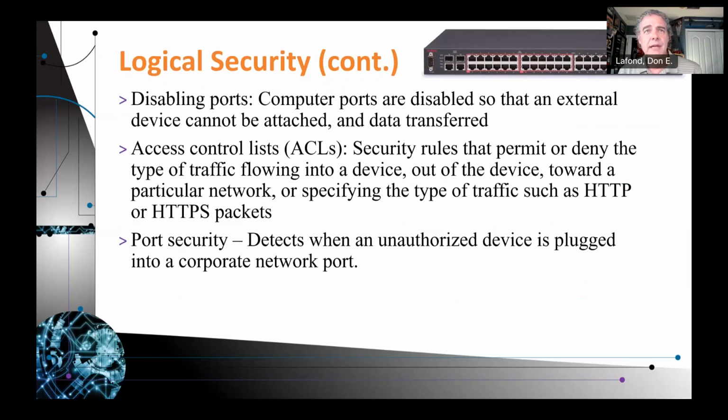Disabling ports. Computer ports are disabled so that an external device cannot be attached for an attack and data transfer. What they're talking about there is if somebody has access to your network room or network closet and brings a laptop along, they could take a console cable and connect it to the console port on the back of a switch.